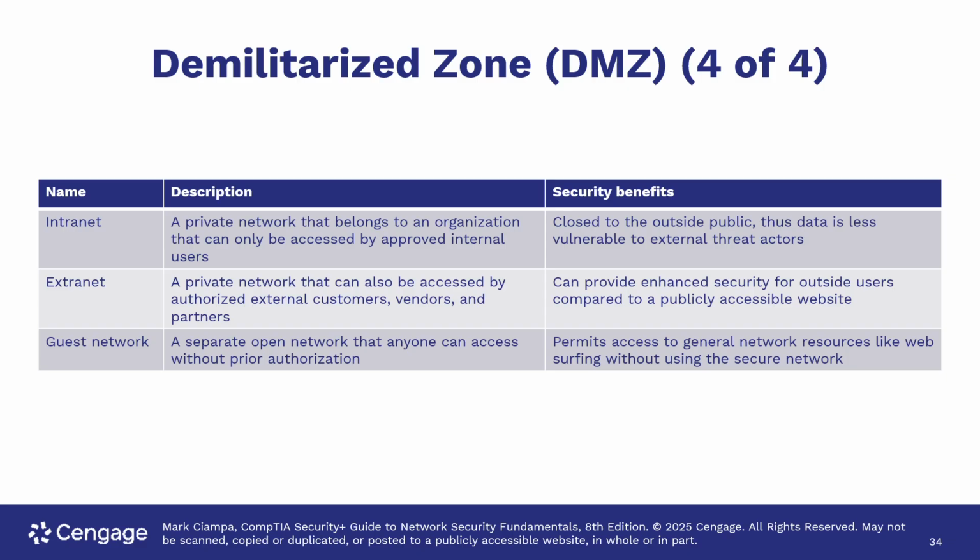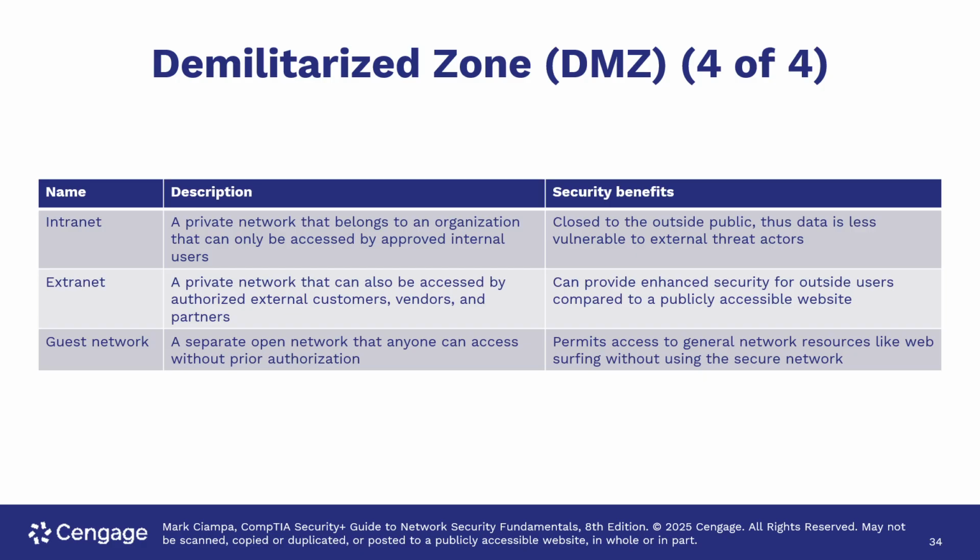So let's take a look at these concepts. You have an intranet. That's a private network that belongs to an organization that can only be accessed by approved internal users. Maybe you have a network system set up at home, or if you're on campus in your dorm room, you have your computer, your printer, things like that, and then you connect to an outside network through the YSU network.